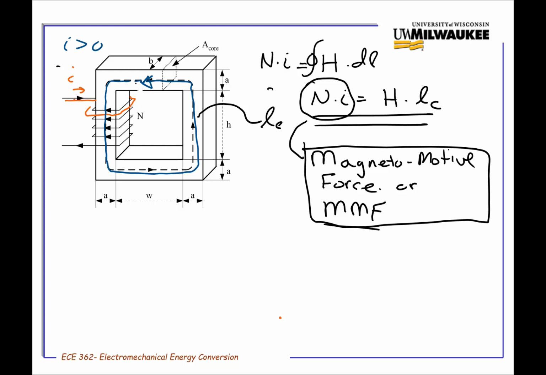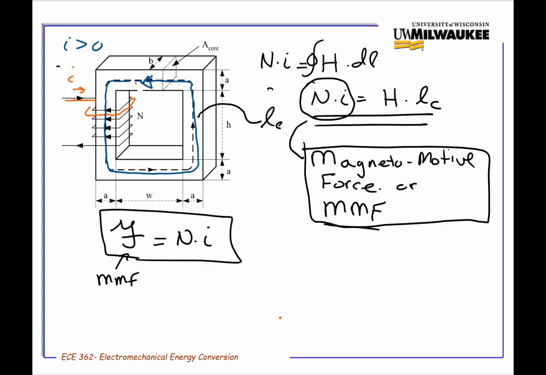The symbol for MMF is F, and F is equal to N times I. So we could rewrite Ampere's law for this rectangular core structure as F equals H LC.